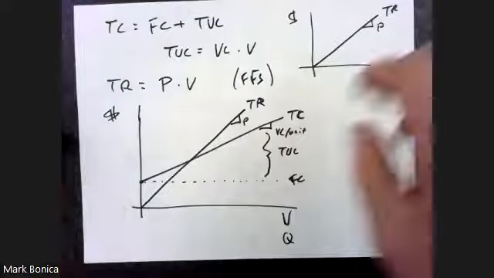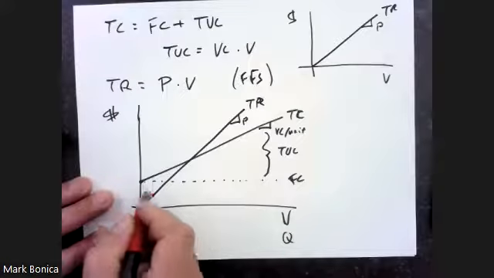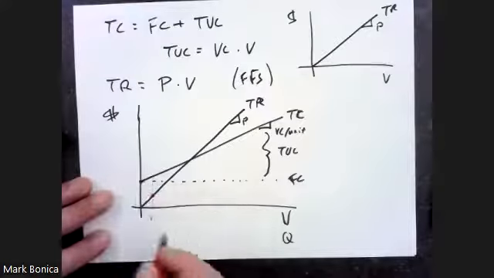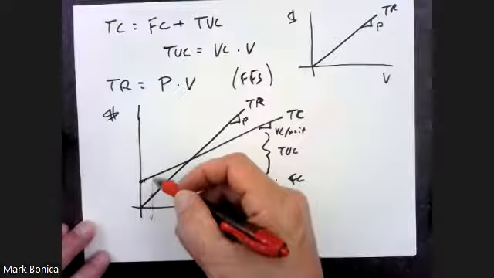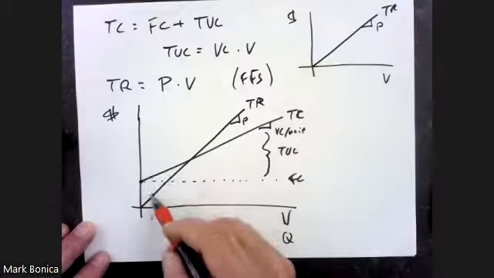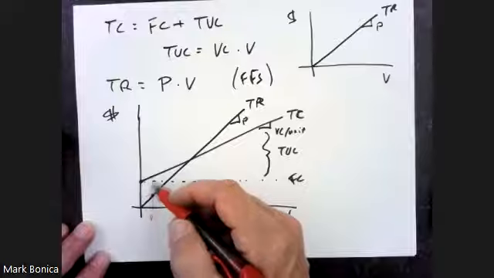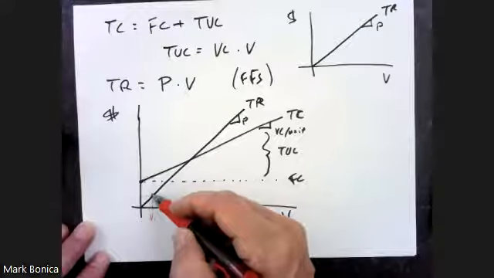At this volume, this is how much revenue I have, and this is how much cost I have. What you can see is the cost is larger than the revenue, so this gap would represent a loss. I have more cost than I do revenue at this volume.